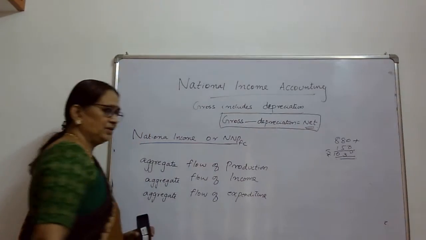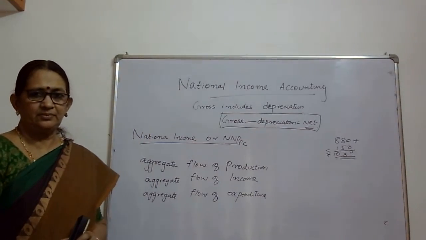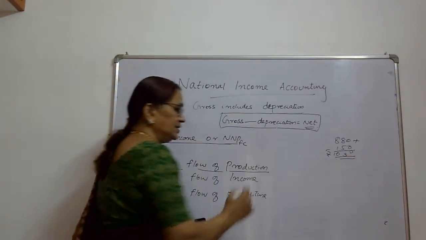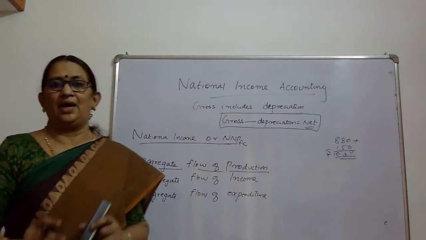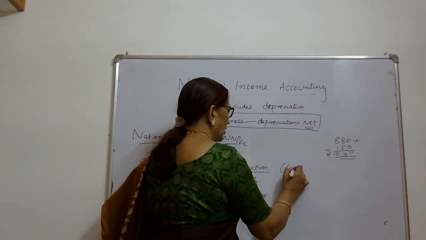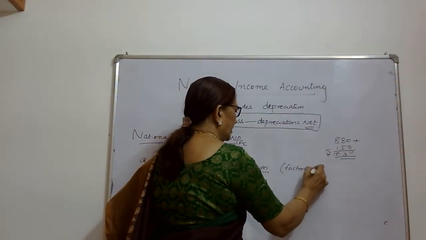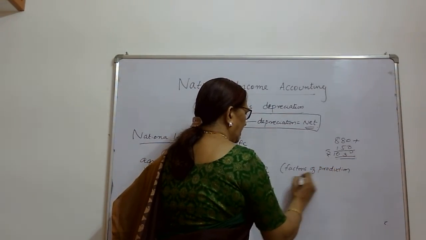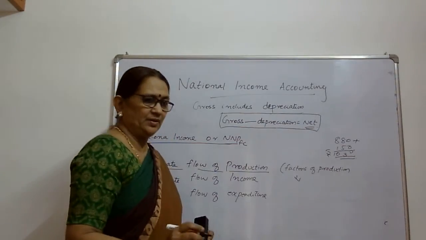Here we mention the circular flow of income, that is aggregate flow of production means goods and services are produced by using factors of production. Which are the factors of production? You have learned that in the theory part already.